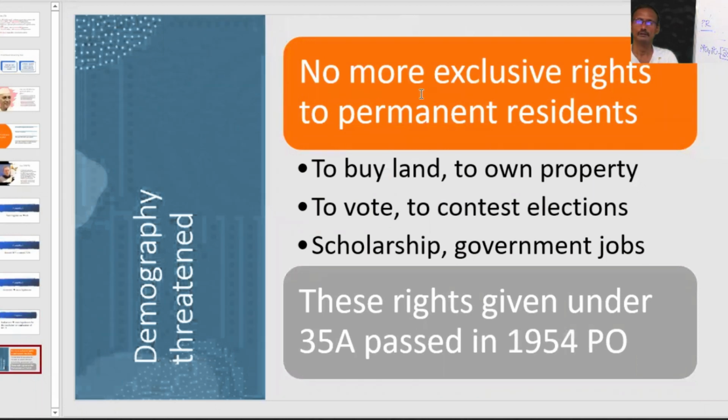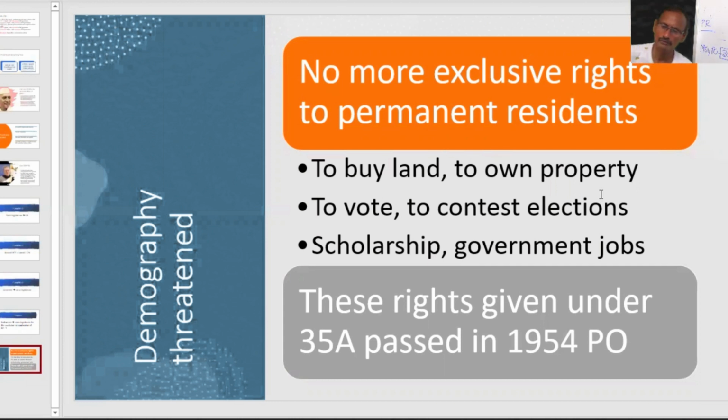So it becomes like any other state, with certain sweeping implications. See, no more do permanent residents have these rights to buy land, to own property in Jammu and Kashmir, to vote and to contest elections. And only they are eligible for scholarships and government jobs. So basically it is a kind of citizenship of Jammu and Kashmir, though India believes technically in one citizenship, but this is like a different kind of citizenship.